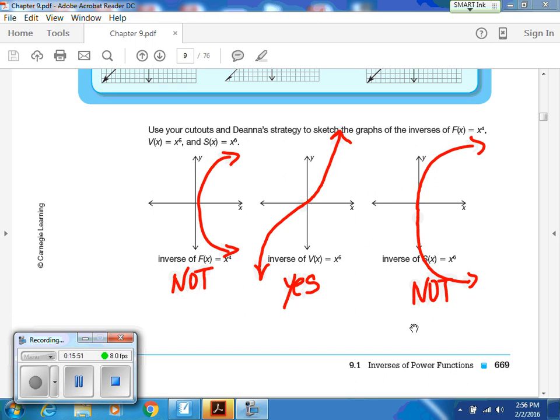What happens? Fails the vertical line test, right? But the inverse of an odd, like if an odd is like this, really tight, the inverse is going to go like this. And if the function's like this, then its inverse goes like this. So it's going to pass the vertical line test, right? Okay.